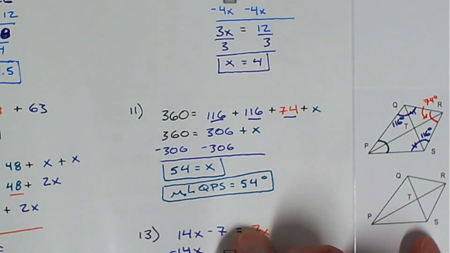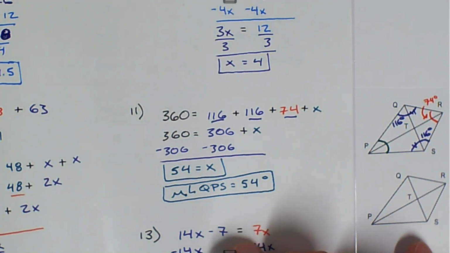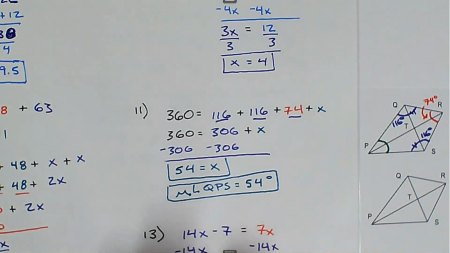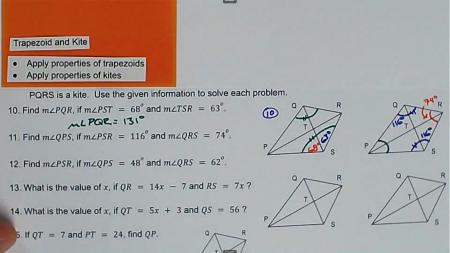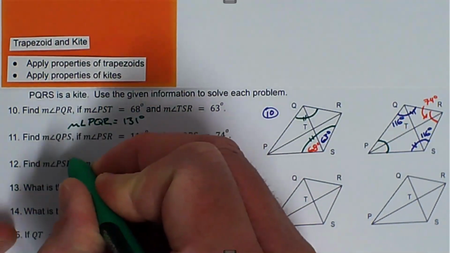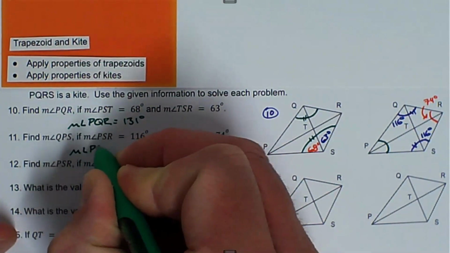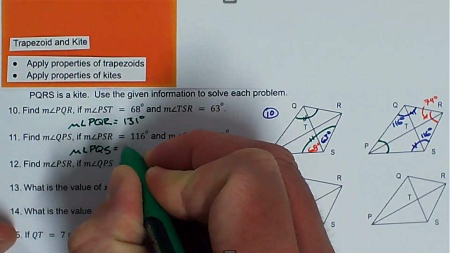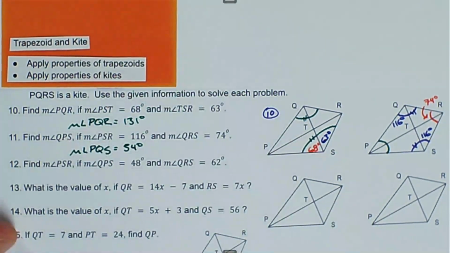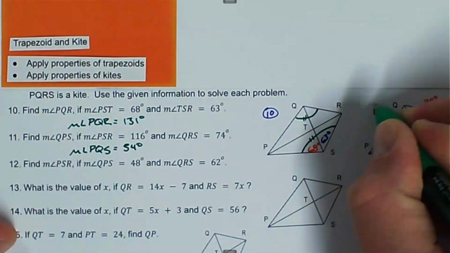We add all the constants together and we get 306. Subtract 306 from both sides, and we get x is equal to 54, so the measure of angle QPS is 54 degrees. And this one was number 11 over here.